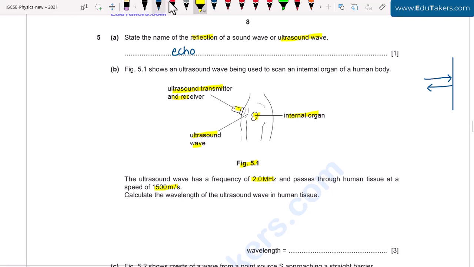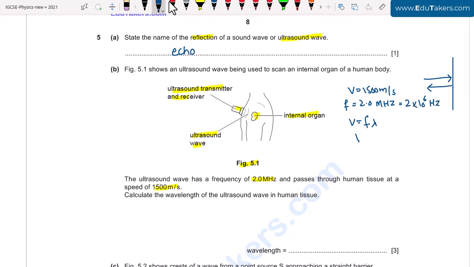Here we have to calculate the wavelength by using the equation v is equal to f lambda. Here v is given, 1500 meter per second, and frequency is given, 2.0 MHz. First of all, we have to convert this into Hertz. It becomes 2 into 10 to the power 6 Hertz.